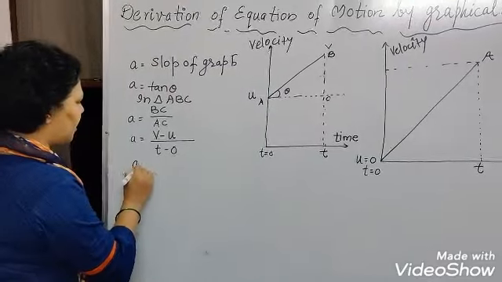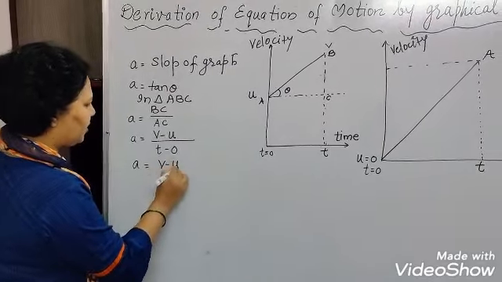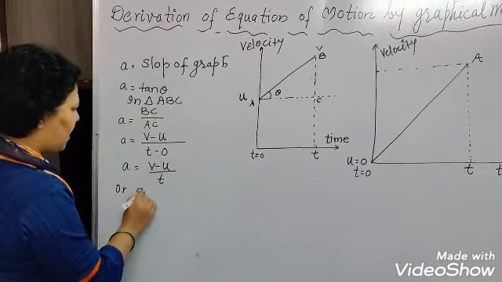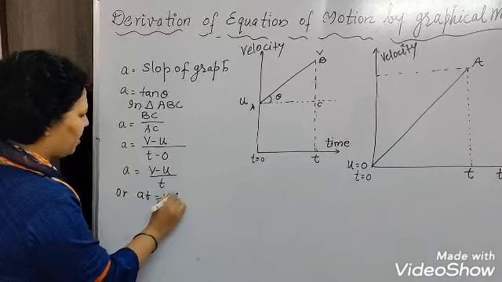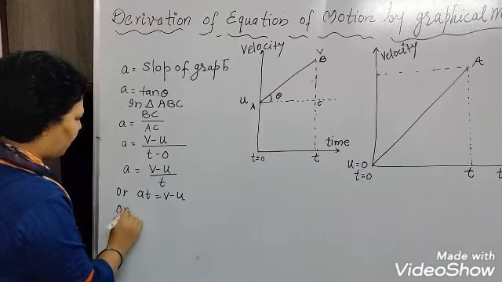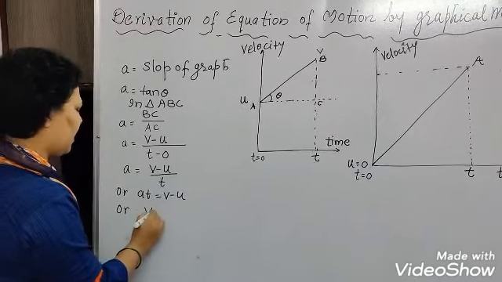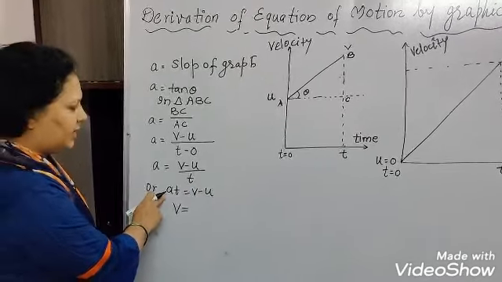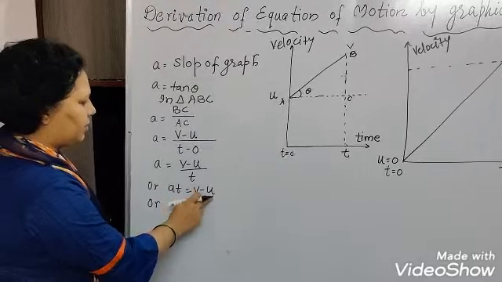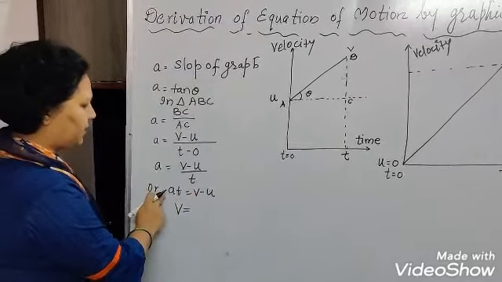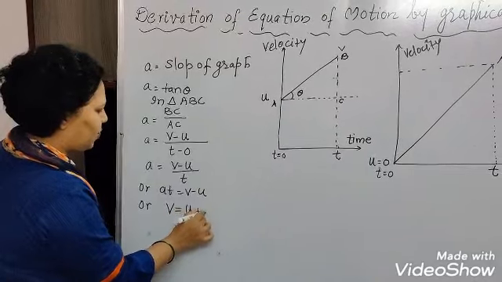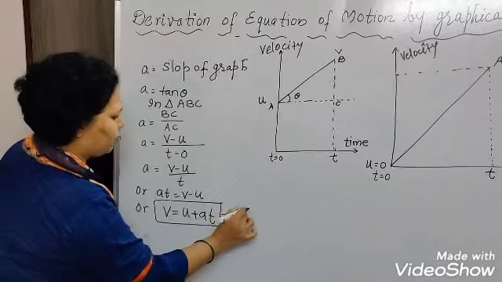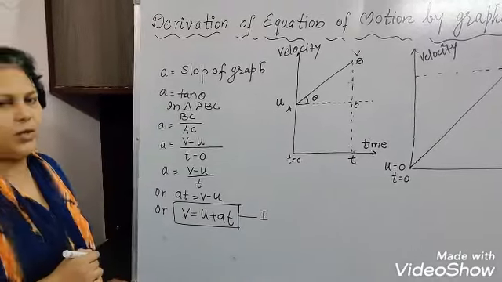That means a equals v minus u upon t, or at is equal to v minus u, or v is equal to u plus at. This is the first equation of motion.